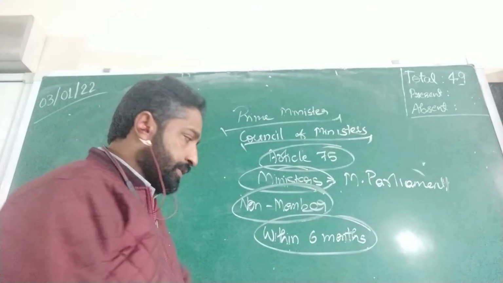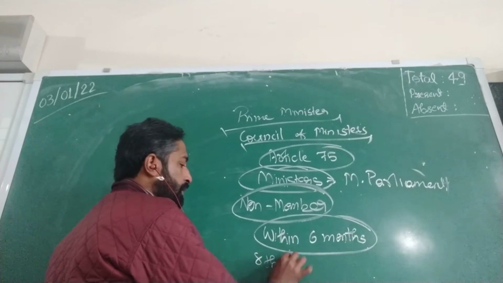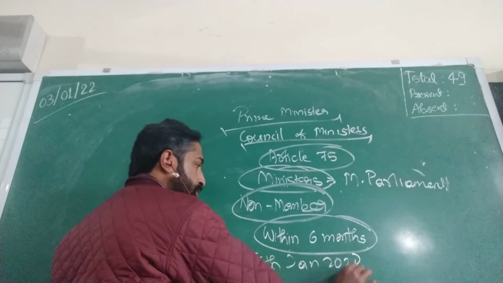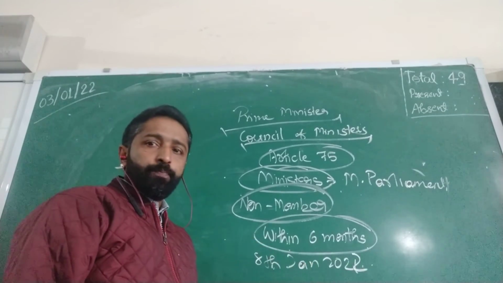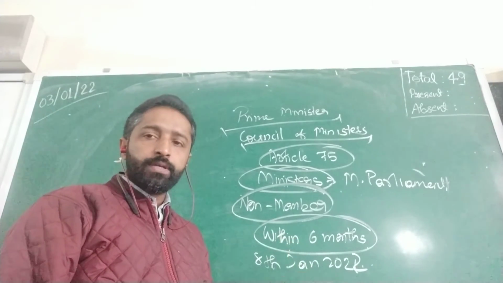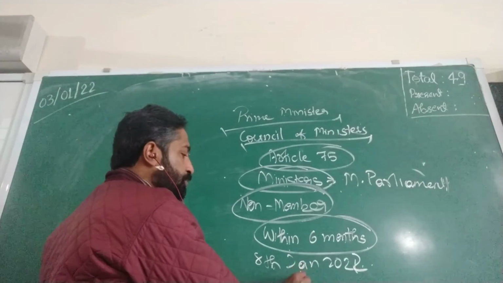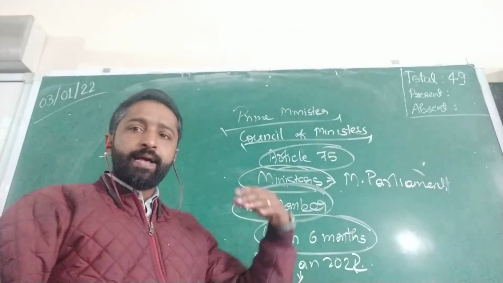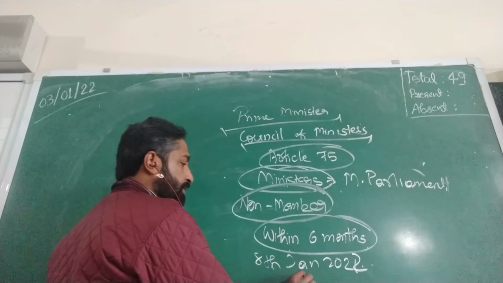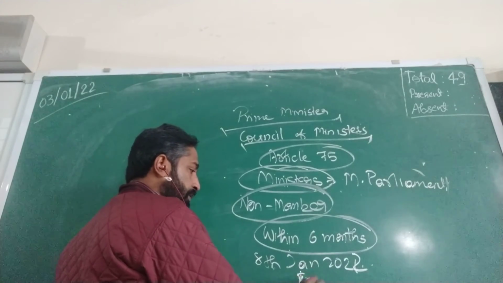If today is 8th January 2021, and today a non-member of Parliament is appointed as the minister, what happens? Within 6 months, either the person has to be elected or nominated. From January to February 8th, 1 month is over.